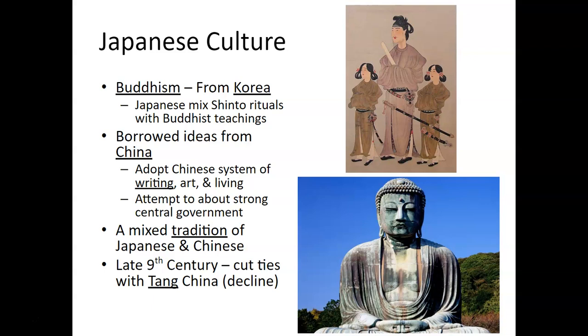Furthermore, you want to know why the Japanese form of writing looks very similar to the Chinese form of writing? It's because they borrowed that from the Chinese and put their own spin on it. So it's actually quite different, but very similar in its own way as well. Also, you look at the art in Japan versus the art in China, specifically from these periods, and you go, well, these look very similar.